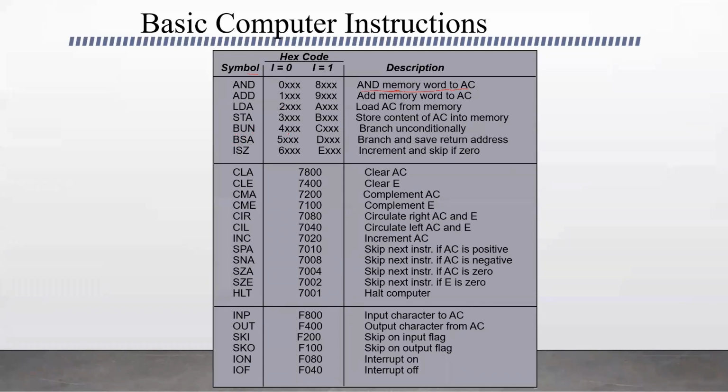And BSA is branch and save return address. Branching means altering the sequential flow of instructions, moving to some other statement, and doing it unconditionally is BUN. BSA is branch and save the return address. And ISZ is increment and skip if 0.